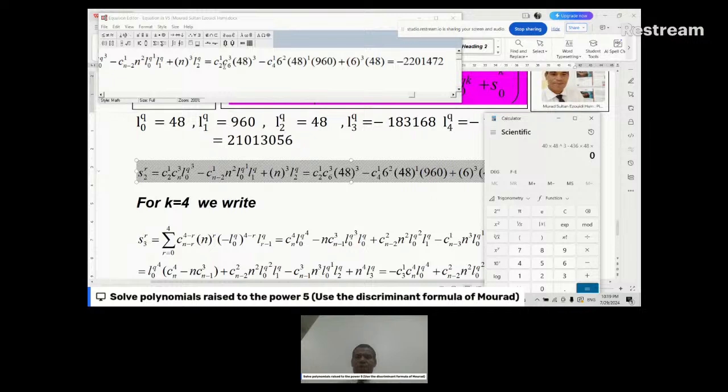You see this one? 2 times 20 is 40 times 48 cubed. So only the first one: 40 times 48 to the power 3, minus 4 times 36 times 48 times 960.